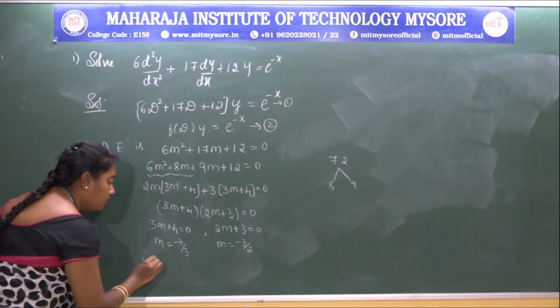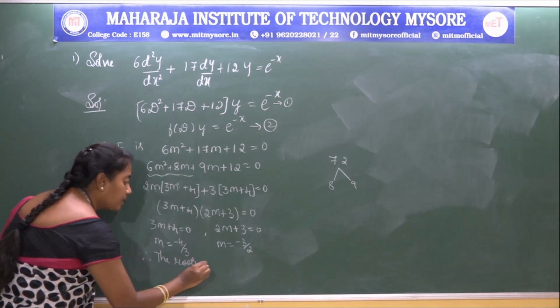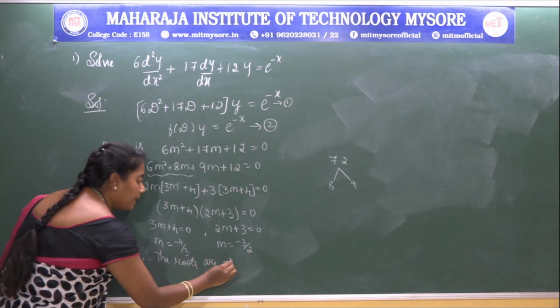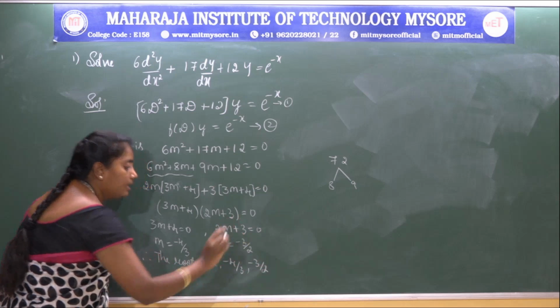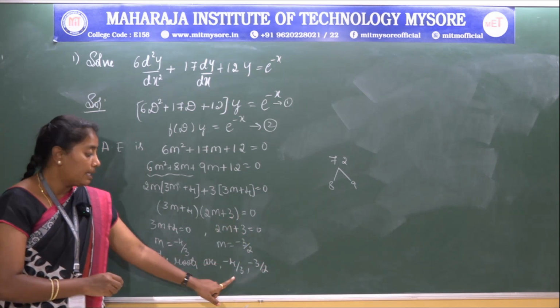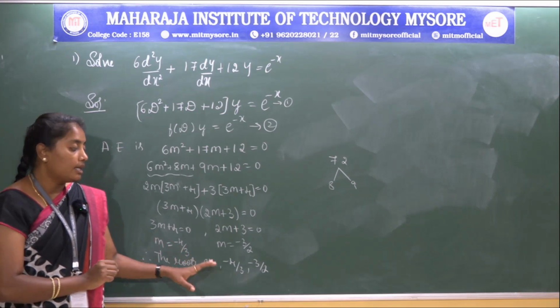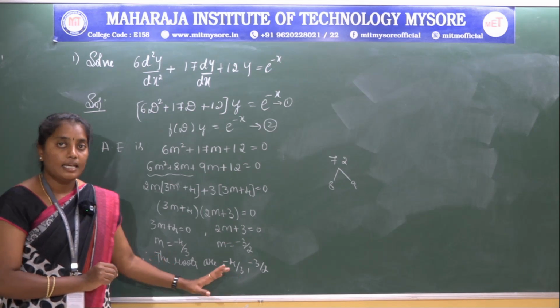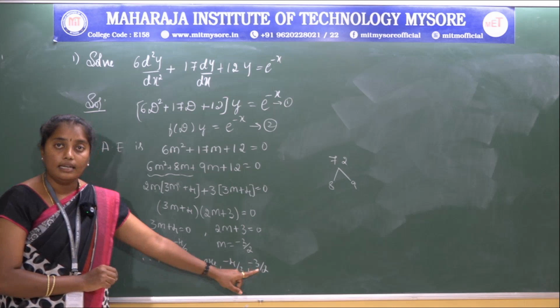So therefore the roots are minus 4 by 3 and minus 3 by 2, which are in case 1 category, that is real and distinct roots. The obtained roots are real and distinct.